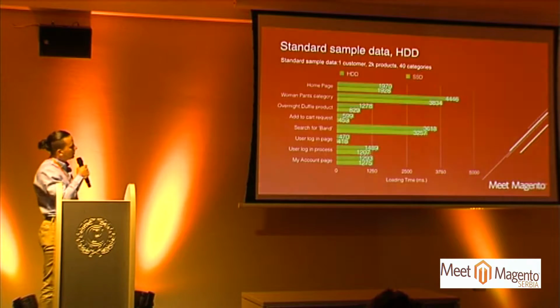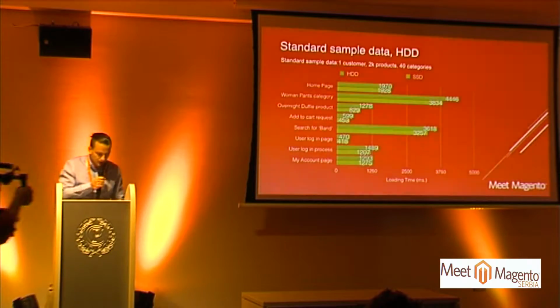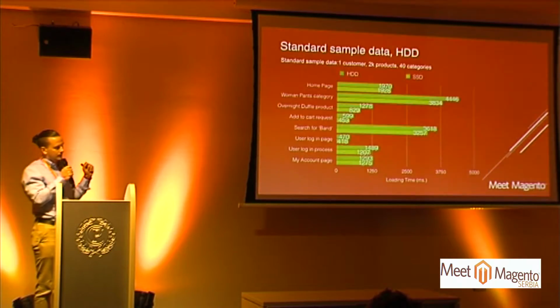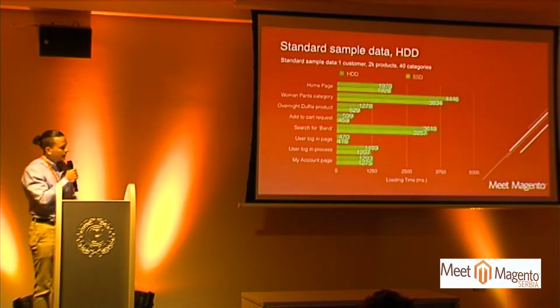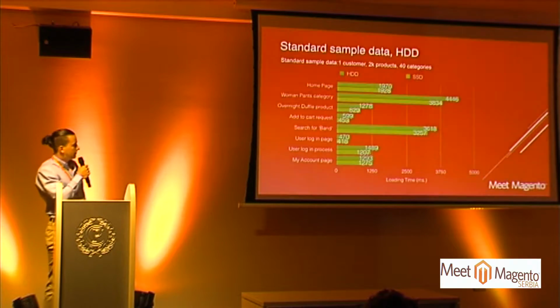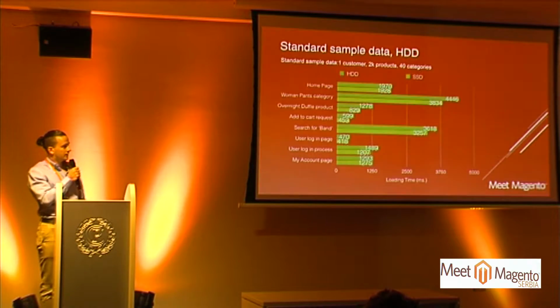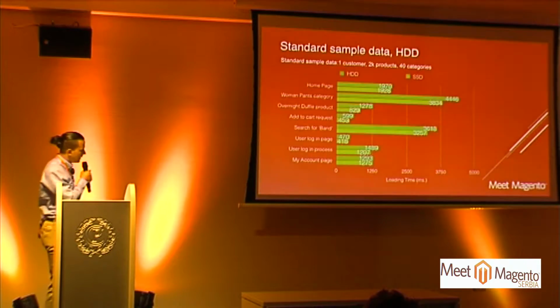It's faster almost on all of the pages. And we have main components in Magento that depend on the disk drive speed: database and the disk cache. We used the disk cache in both cases. So maybe if we use Redis, the situation will slightly change, but Redis, as well as any other software, also depends on the disk drive speed.